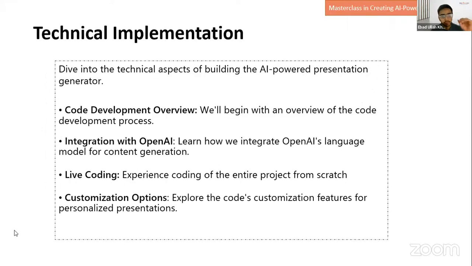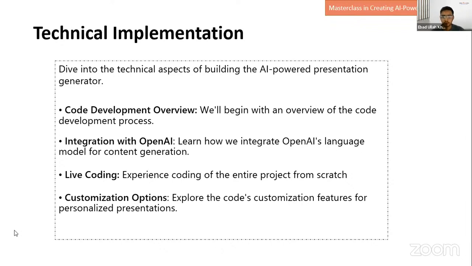So the technical implementation that we are going to do today is based on 4 steps. Obviously, I will give you a development overview of what we will be doing and what libraries we will be using, everything from scratch. Also, we will be integrating OpenAI. We will be using the latest model, GPT 3.5 Turbo. We won't be using DaVinci because it's kind of deprecated.